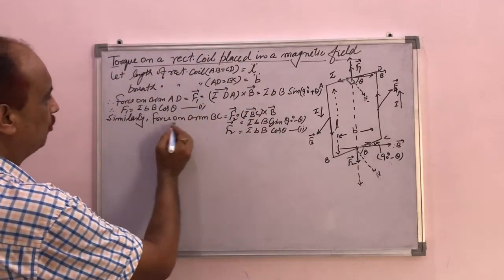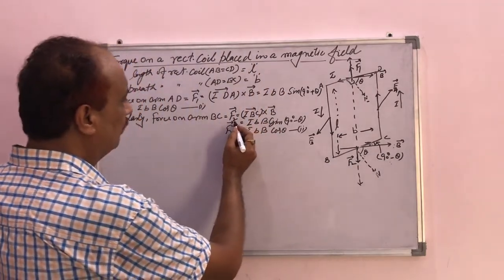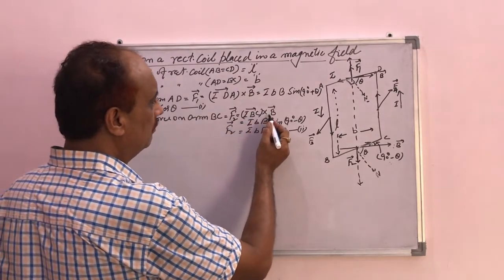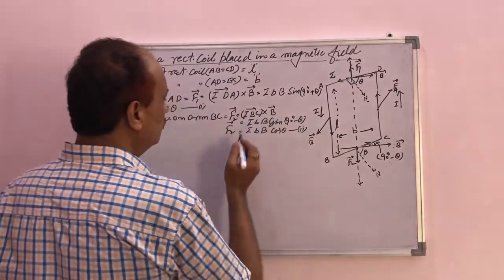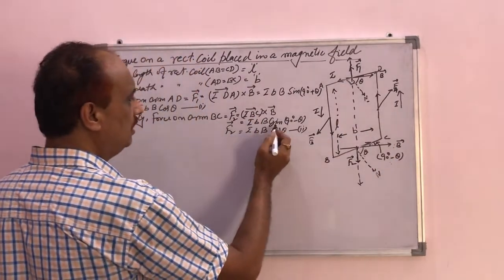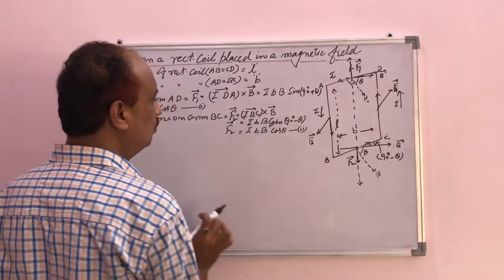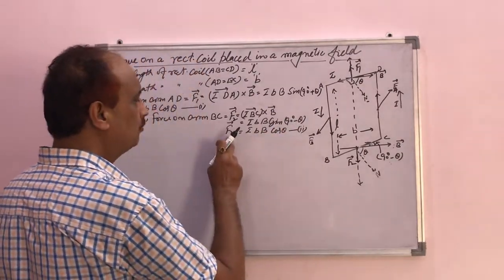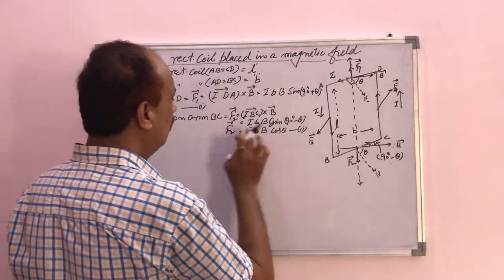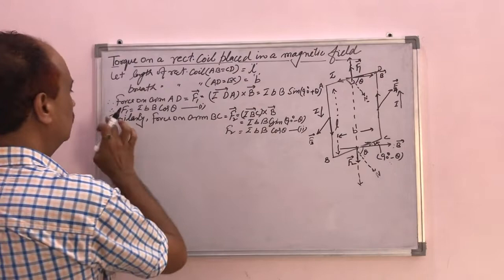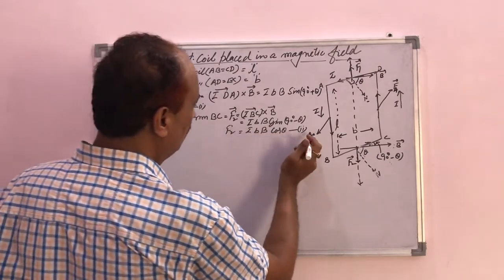So the force on the arm BC, F2 vector, equals I times BC, the current element vector, cross B. Again BC equals the breadth B, so in magnitude IBB sin(90 minus theta), and sin(90 minus theta) is cos theta. So F2 equals IBB cos theta, equation number 2.